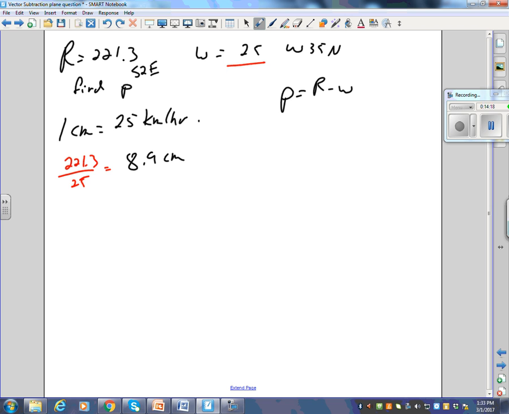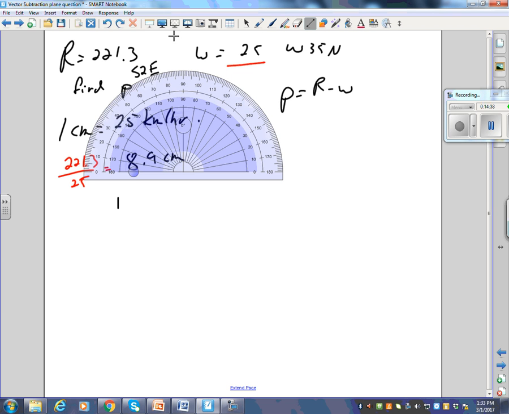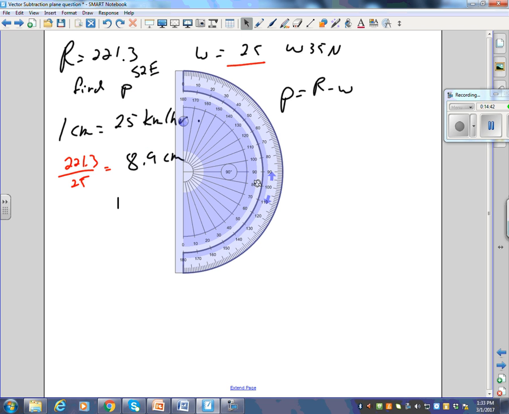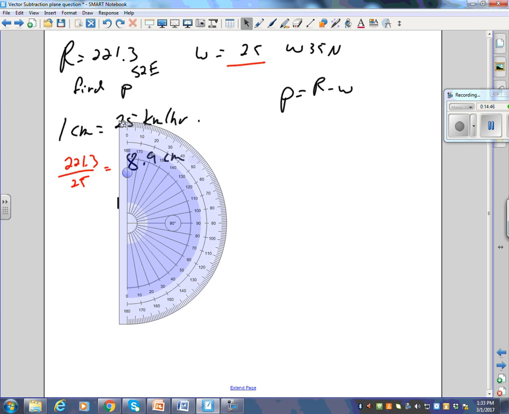Okay? Round it up, actually. 8.9 centimeters. Okay. South to east, so I got to draw my reference line. There's south. And I need a protractor. And said protractor has to give me south to east. So I'm going to my protractor like that.